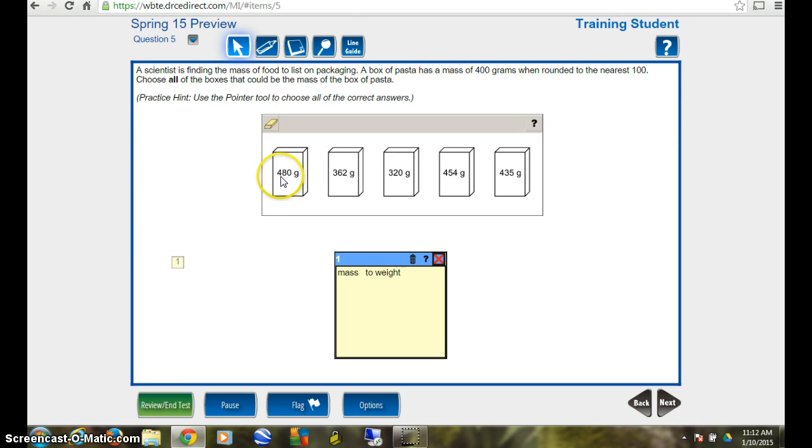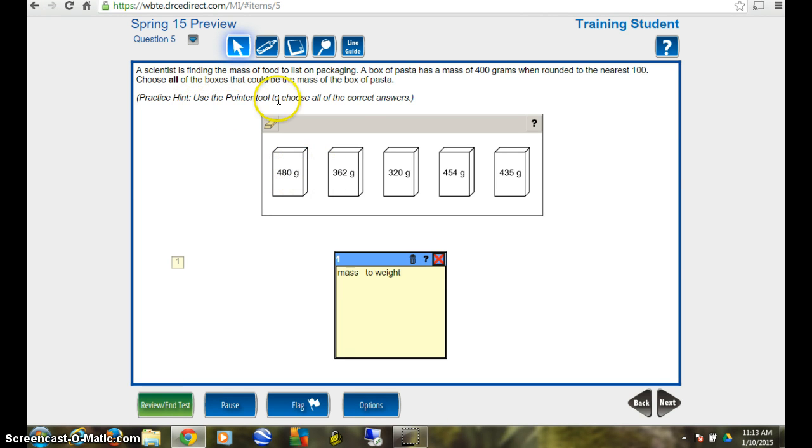So if we know our rounding strategies, 480 rounded off to the nearest 100 would be 500, because we look at the digit to the right. If it's 5 or higher, we round up. If it's less than 5, we round down. So that wouldn't work.